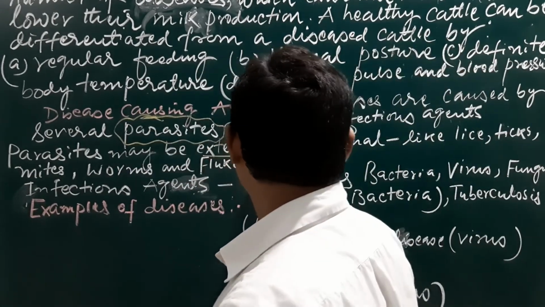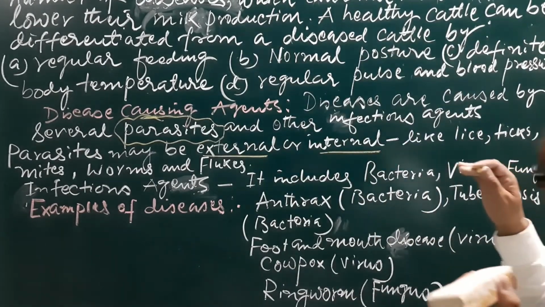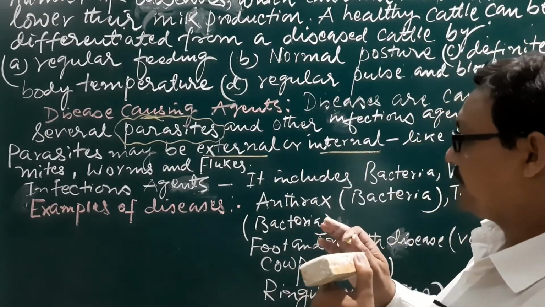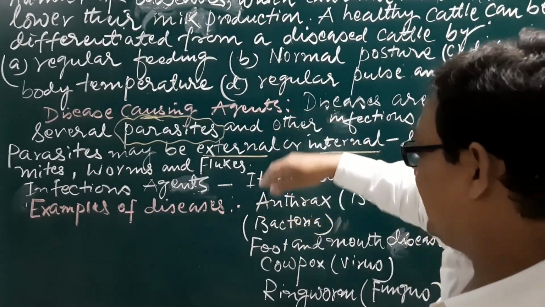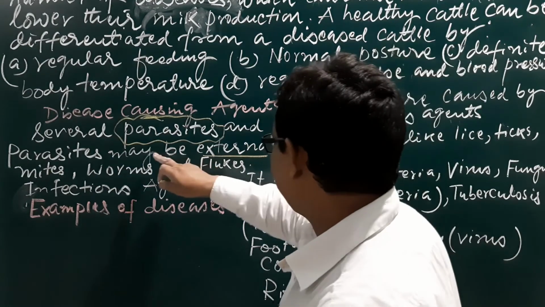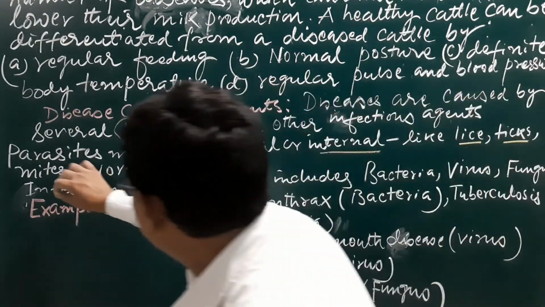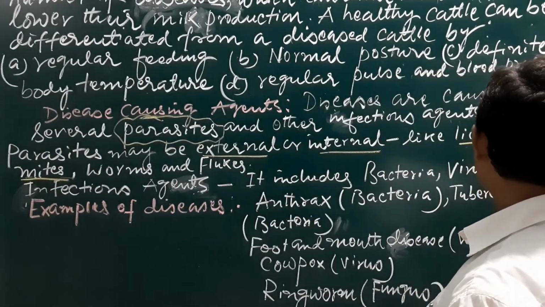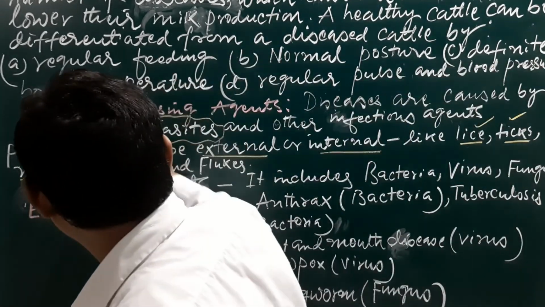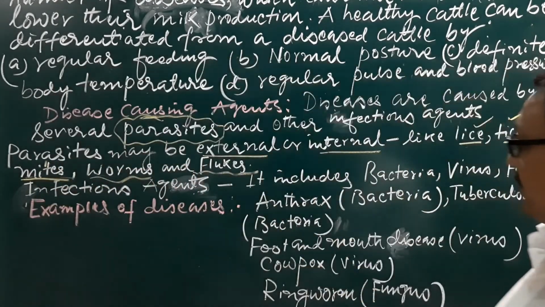The external ones do not live within the body, but feed from outside. These are lice, ticks, mites. And the worms and flukes are the internal parasites.